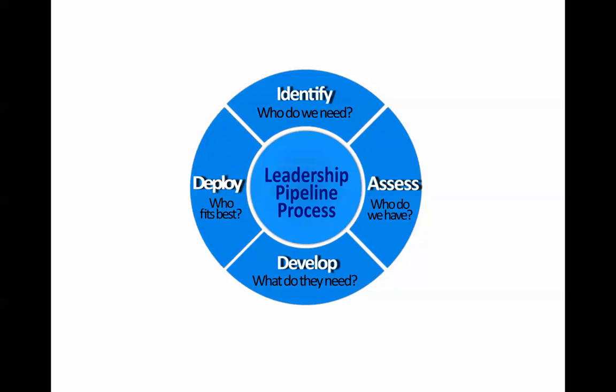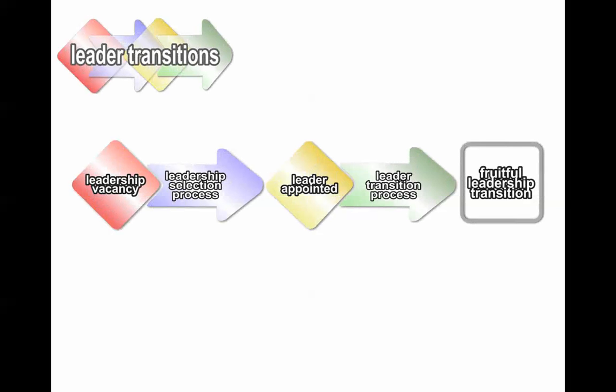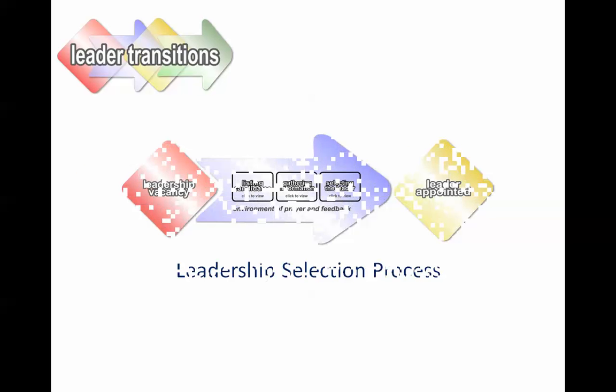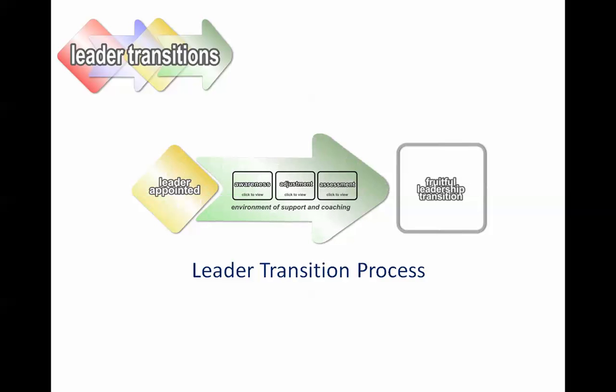The deploy step of the leadership pipeline process is covered in detail in the Leader Transitions Toolkit, which provides tools and resources for both the leadership selection process, which helps ensure that we can select the most suitable person for a specific leadership position, as well as the leader transition process, which helps the newly appointed leader fruitfully transition into their new leadership position.